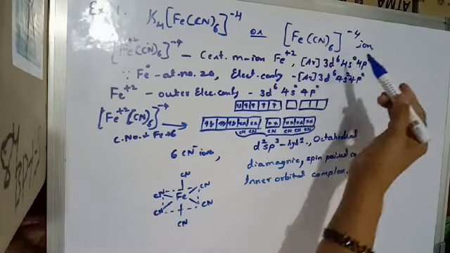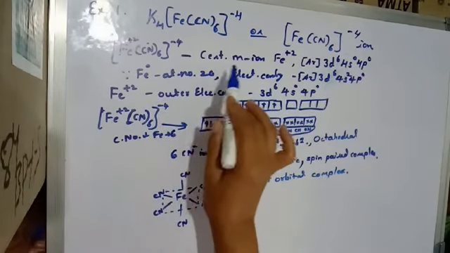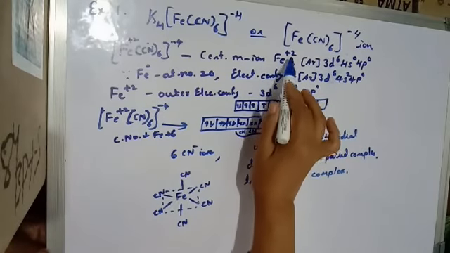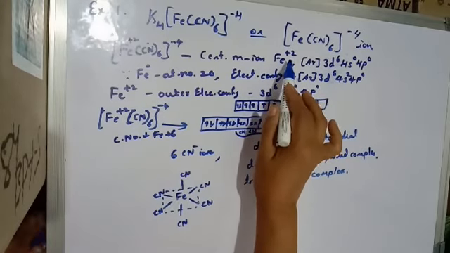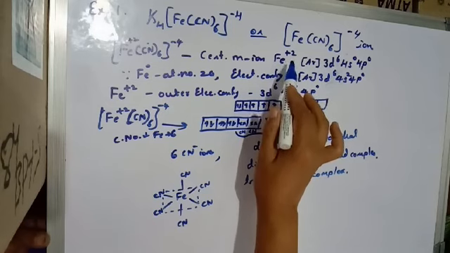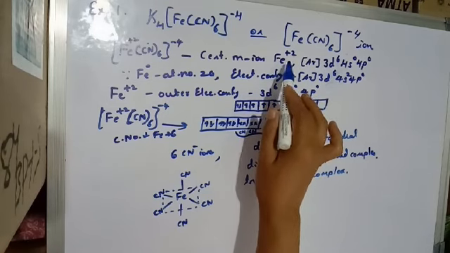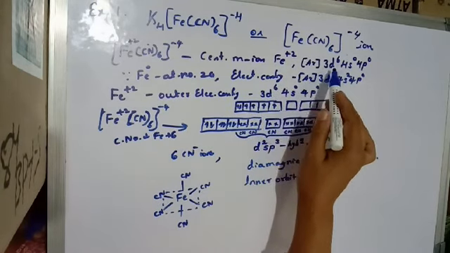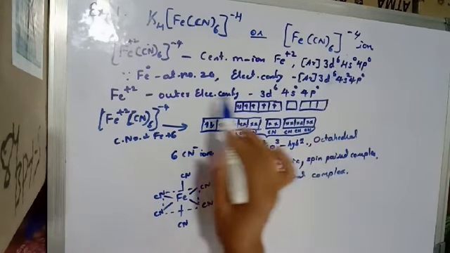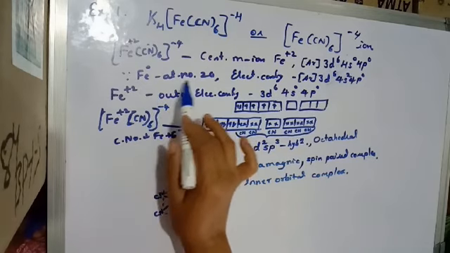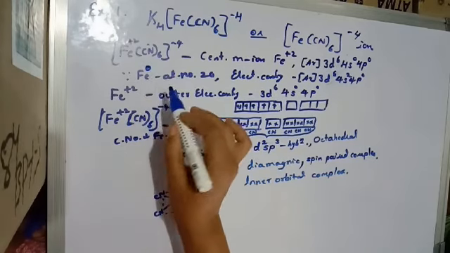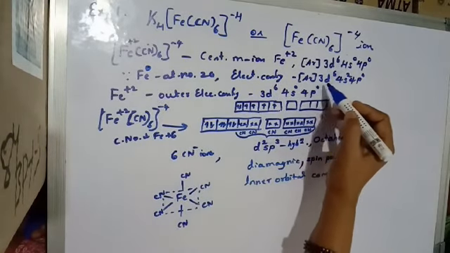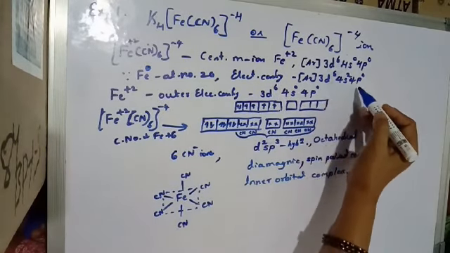Then you have to explain that the central metal ion is iron, and during the complex formation iron loses 2 electrons to attain a stable oxidation state. Iron is in the ground state with atomic number 26, and the electron configuration is argon core 3d6 4s2 4p0.